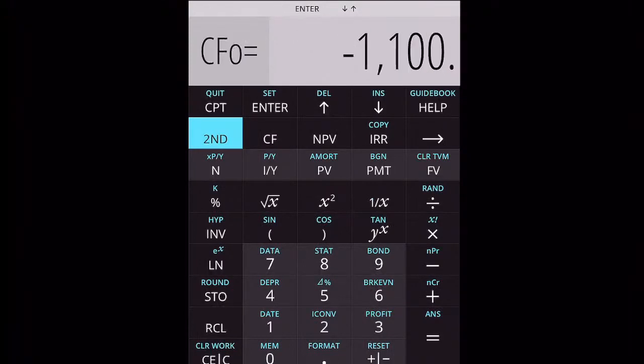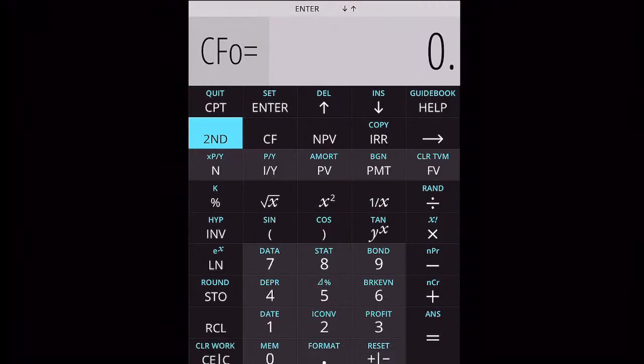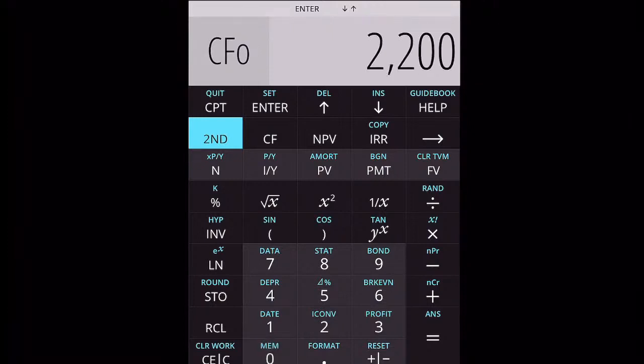I have to click CF and then clear work. I begin with negative 2200, enter. Negative 2200, enter, and scroll down.